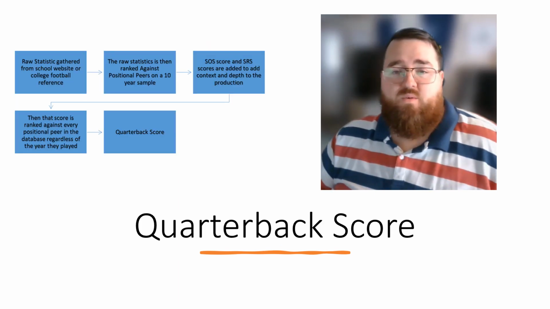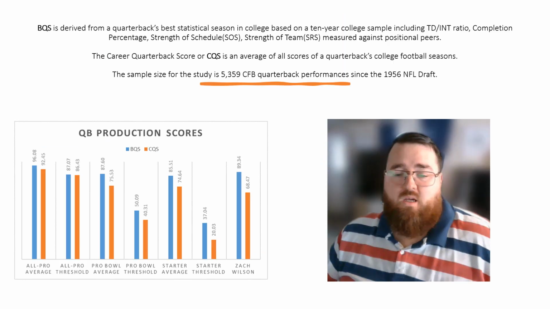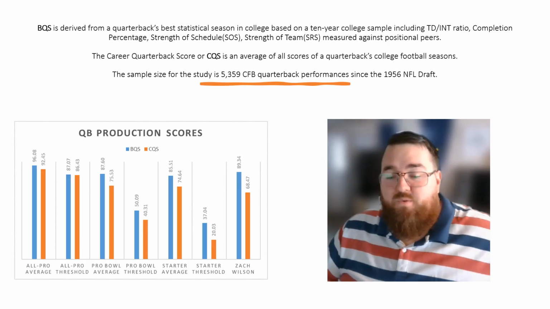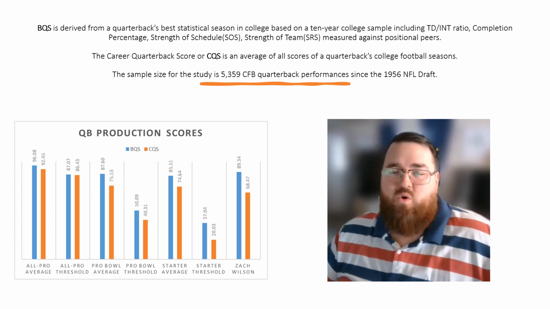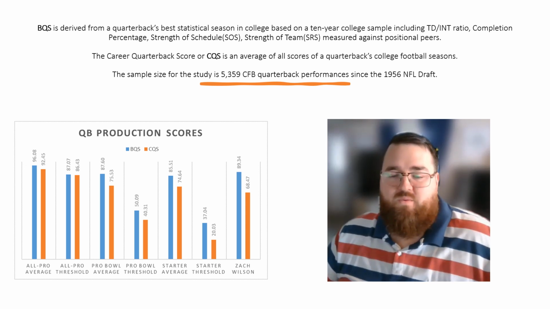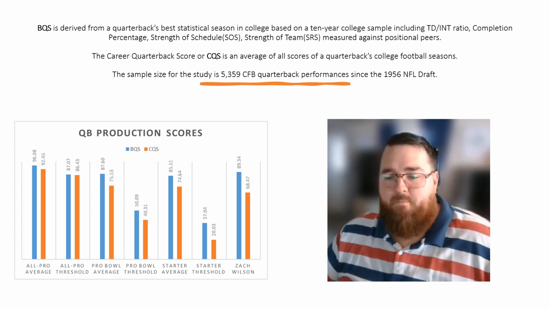Now, getting to the quarterback scores. The quarterback scores takes a look at their passing efficiency. And this is the area where I kind of goofed a little bit. Zach Wilson's original career score I had is an 89.34 out of 100 because the only score I had for him was his final season at BYU in 2021.